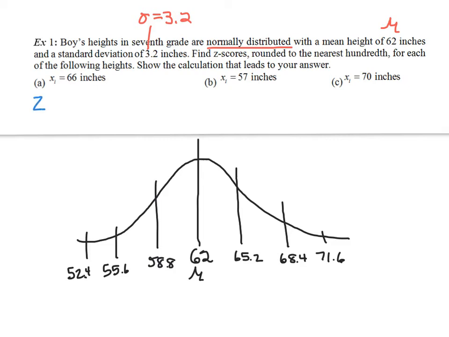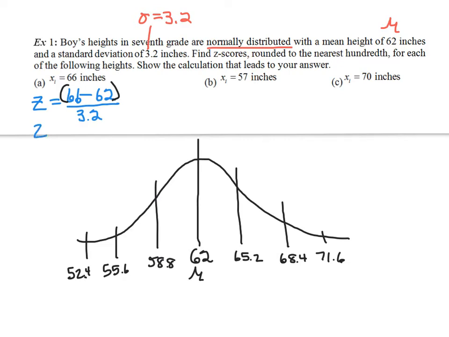So z is going to be equal to my score, 66, minus the value for the mean, which is 62, divided by the standard deviation, 3.2. Now be careful when you enter this on your graphing calculator. You're going to want to enclose the numerator in parentheses.